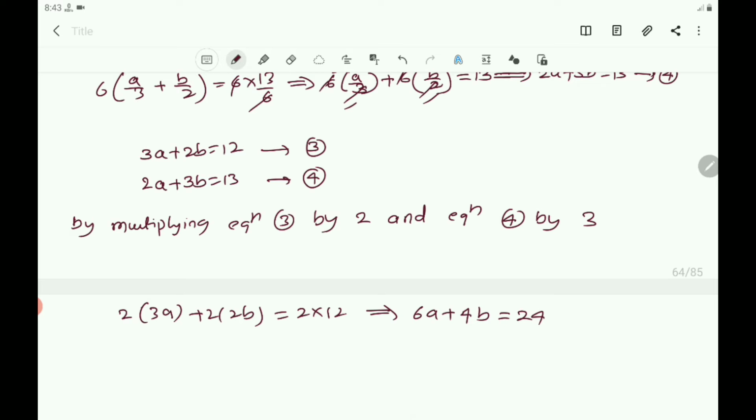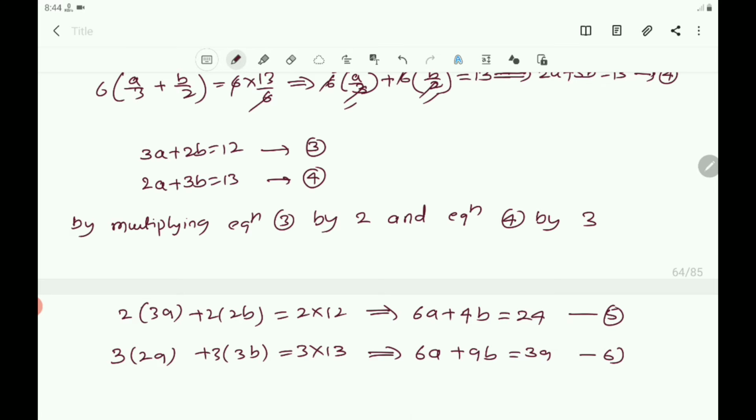And the second equation is multiplied by 3, that is 3 into 2a plus 3 into 3b equals 3 into 13. 3 into 13, and that implies 6a + 9b = 39. So this is the fifth equation, which is converted as, this is the sixth equation.